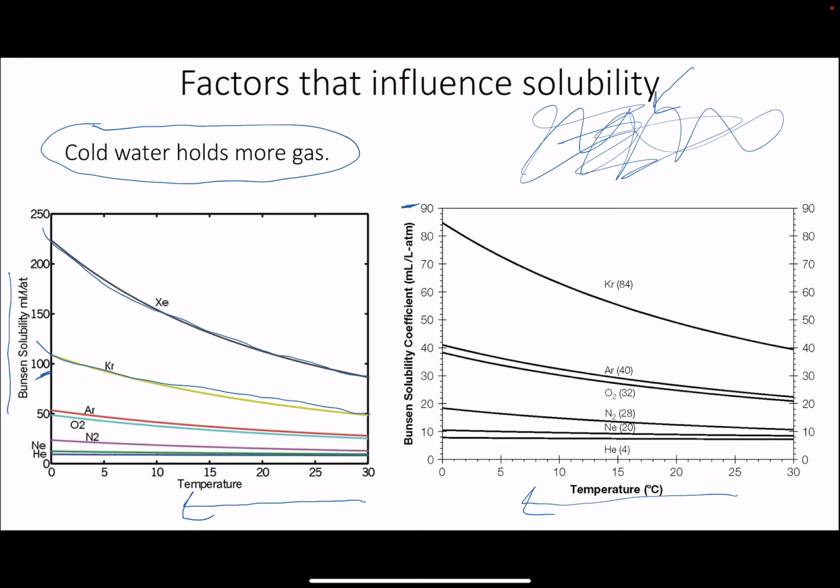As you slow the water down, the molecules start to move a little bit slower, and there's more space for gas molecules to come in and dissolve themselves in there, as opposed to when they're warm, where they're just going to keep bumping into the water molecules and not actually be able to dissolve.